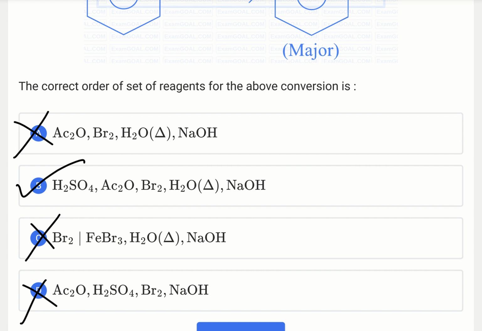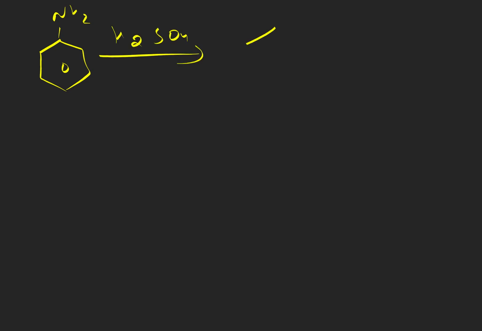If I apply the concept, we have to make the chemical reaction. So if I write the chemical reaction, NH2 with H2SO4 will form an intermediate, NH3 positive HSO4 negative.